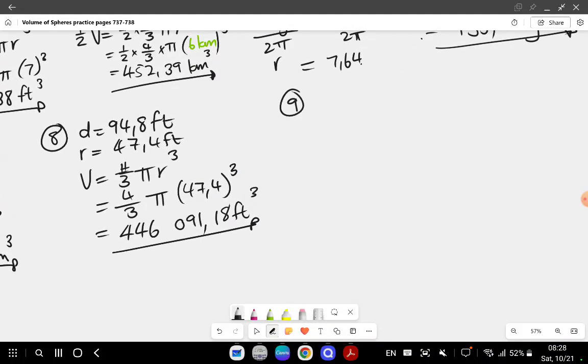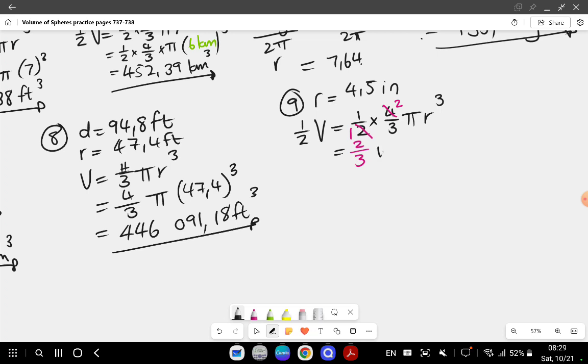Question number 9. It's a hemisphere. So radius is equal to 4.5 inches. Half of the volume of a sphere is equal to half times 4/3 pi r cubed. Now, if we were to do arithmetic here, we'd cancel this out, make that 1 and make that 2, which means I end up with 2/3.